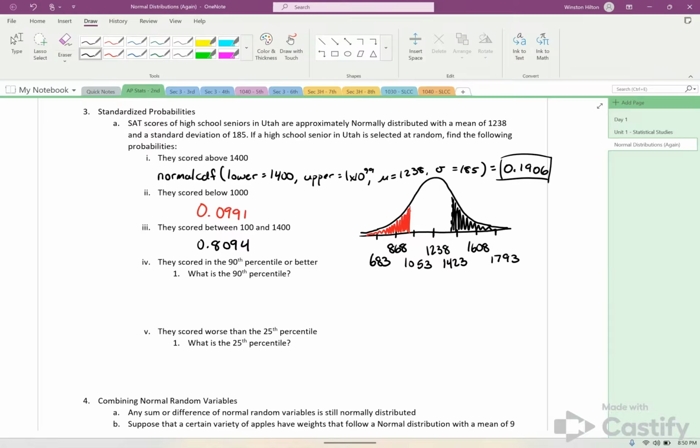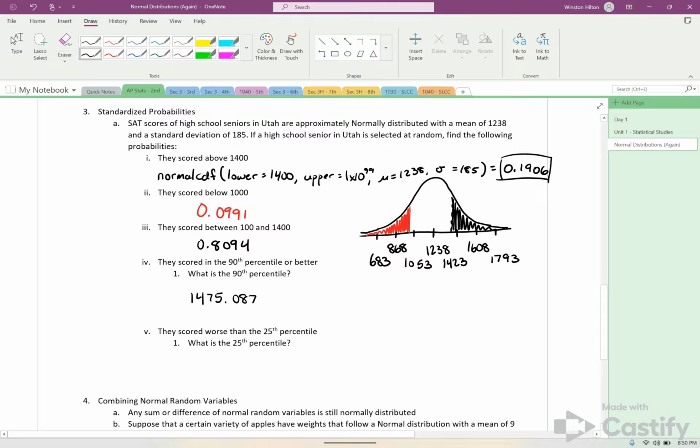So again, refer back to the video that I made about how to use your calculator for this. Use that inverse normal, 0.9, mean of 1238, standard deviation 185. And we find that the 90th percentile is 1,475.087.